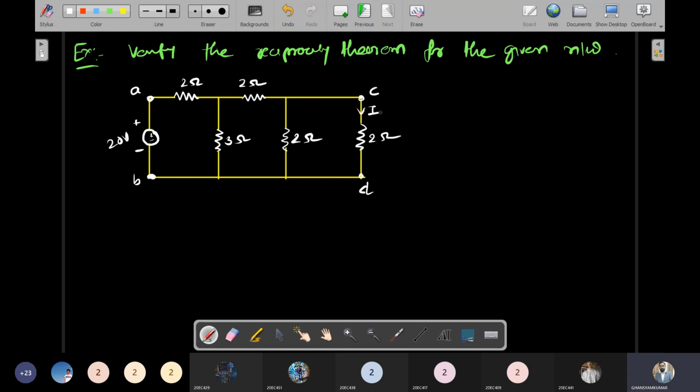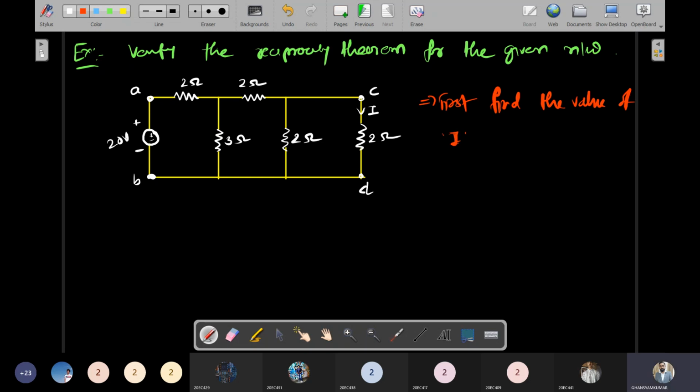Can anybody tell me how you will check this? What will be the first step to solve this? Find I first, find the value of I.